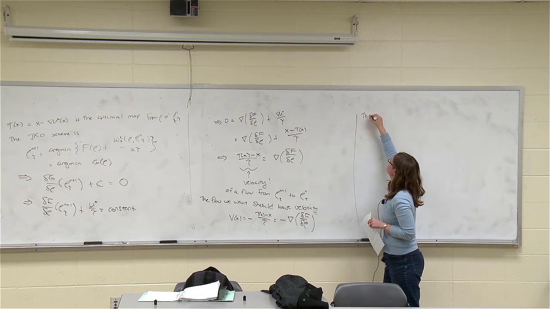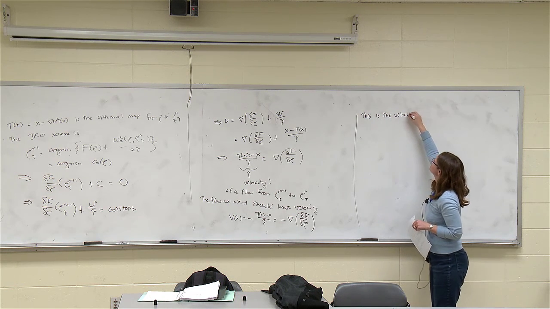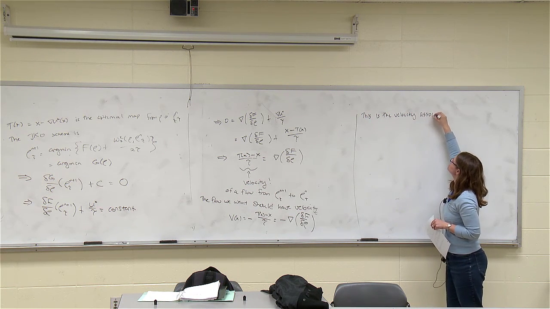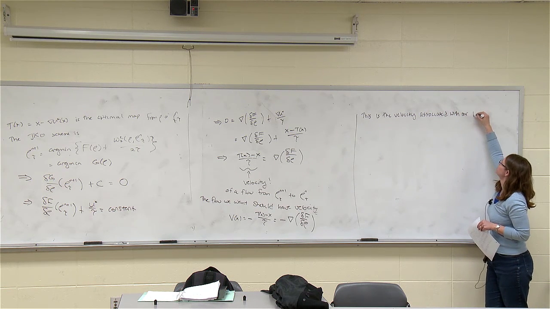So this is certainly the kind of velocity we expect in our discrete scheme.